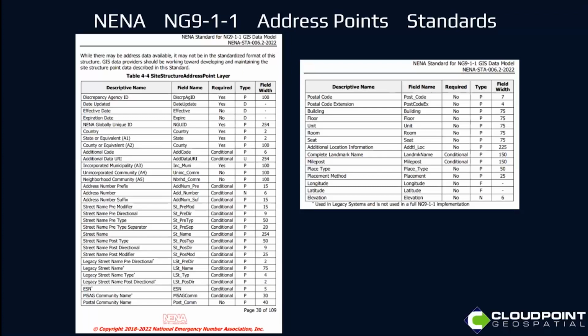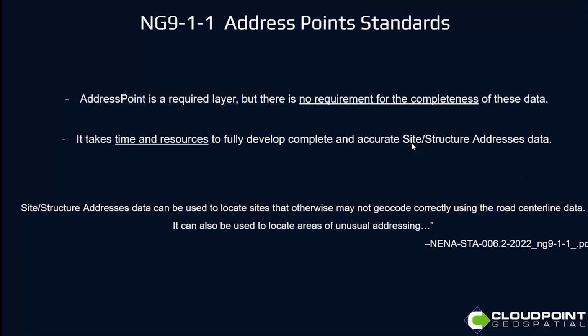So we have different fields for different aspects of an address's name. Most of the time we've been talking about all of these, address number and prefix suffixes, the street name. But for this talk, we're going to focus more on this portion over here, this right side.